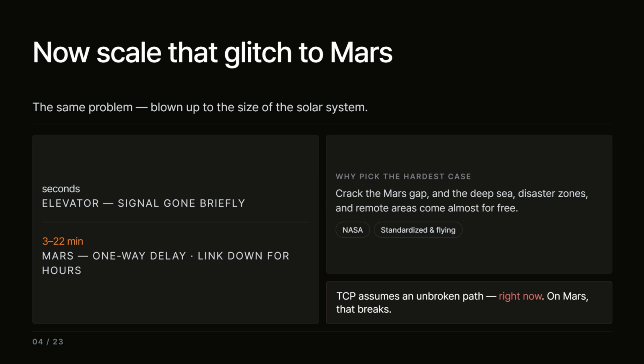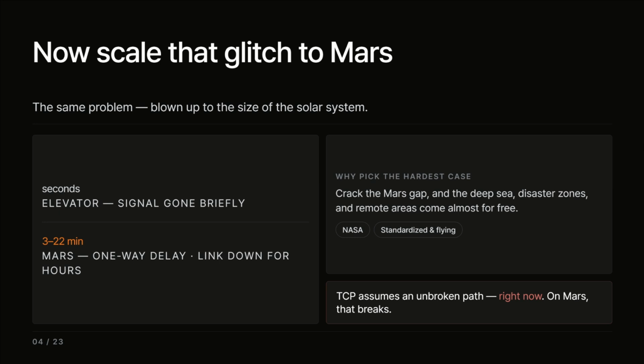So space is not just an interesting example. It is one of the most challenging communication environments we currently deal with, and it is exactly where DTN has already been standardized and deployed.